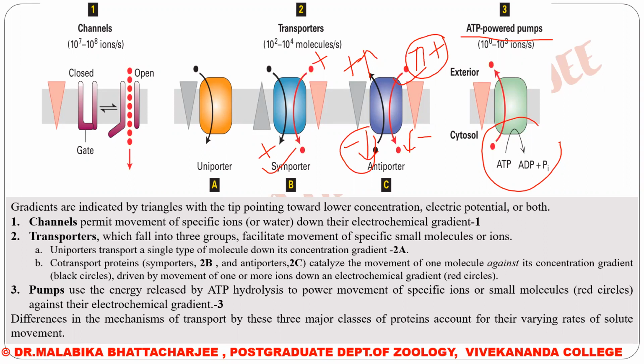This ATP hydrolysis powers the movement of ions or molecules against their electrochemical gradient across the plasma membrane. So these are the three basic categories of transport mechanisms involving the three major classes of proteins that account for the transport of various solutes across the membrane.